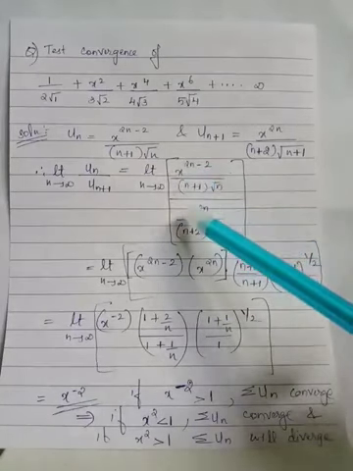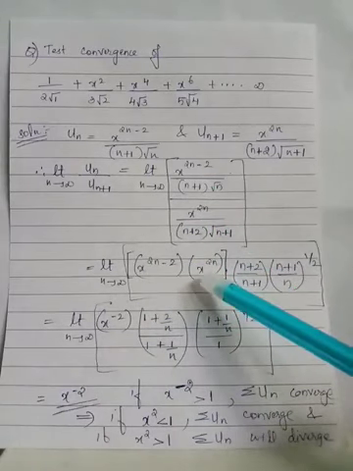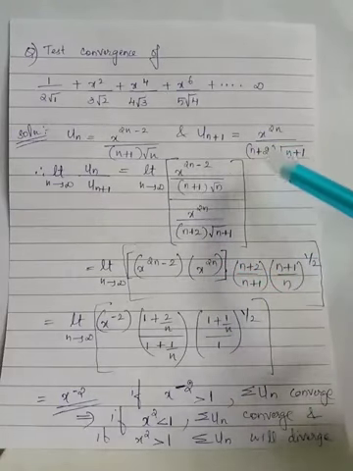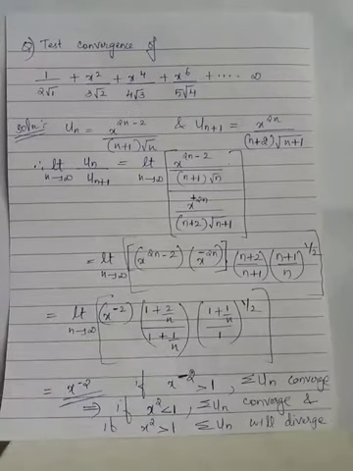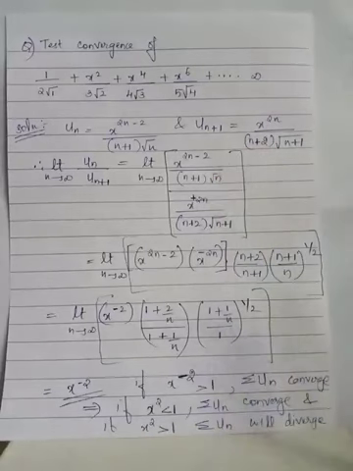terms containing x. So we have x raised to 2n minus 2 into x raised to 2n. This quantity, when taken to the numerator, is equivalent to multiplying the reciprocal of this denominator to the numerator.